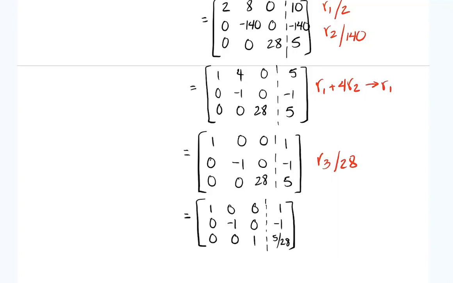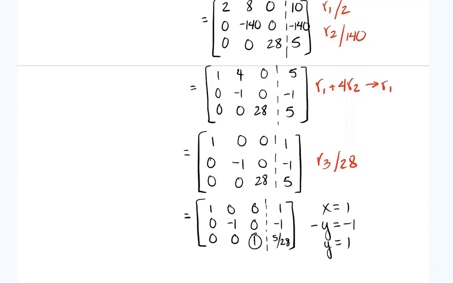Now we can find the values of x, y, and z. Since 1 is a coefficient of x, we can say that x equals 1. -1 is the coefficient of y, so we can say that -y equals -1, which is the same thing as saying that y equals 1.